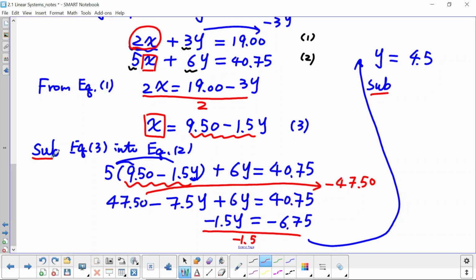For the substitution method, you substitute twice. Sub y equals 4.5 into equation 3. Then we are going to have x equals 9.50 minus 1.5 times 4.5.